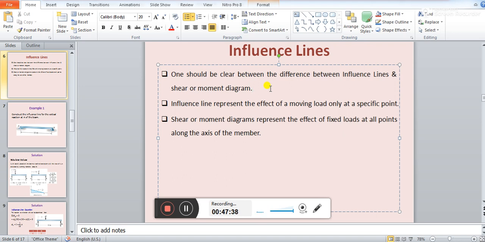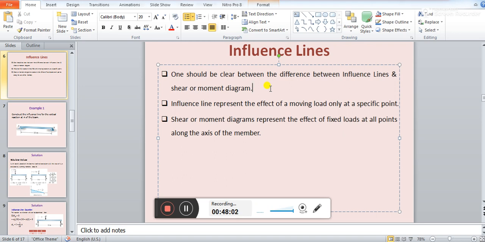From that diagram, you should be able to find out the influence of the load at various positions on the beam, that is, what influence the moving load is making at a particular point.